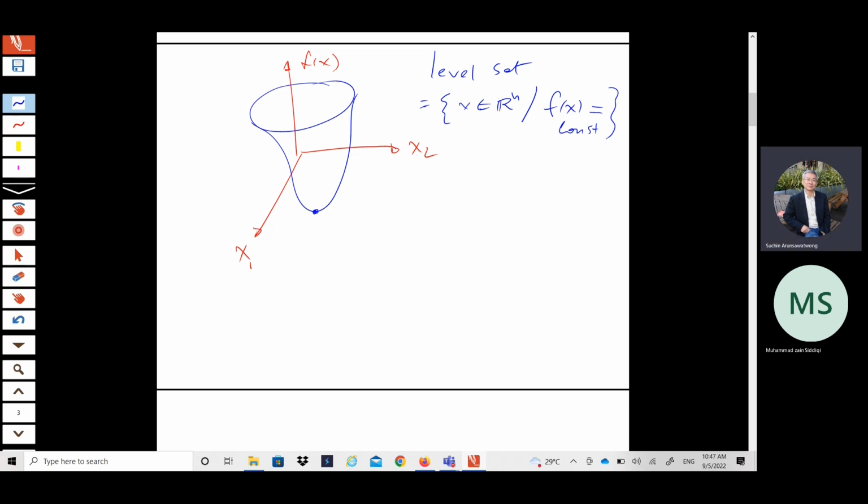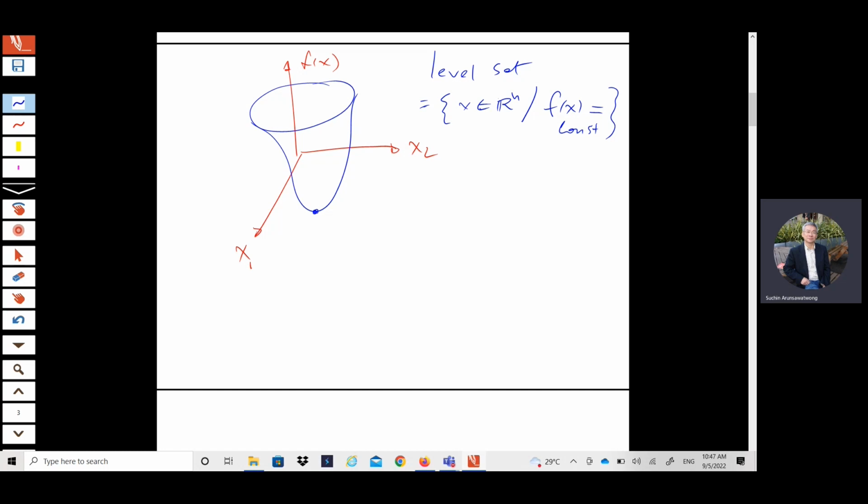So for a function with two variables, we can draw the level set on the plane x1, x2 and see what is going on there.